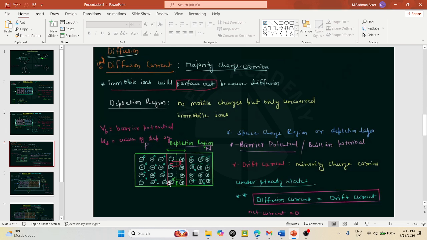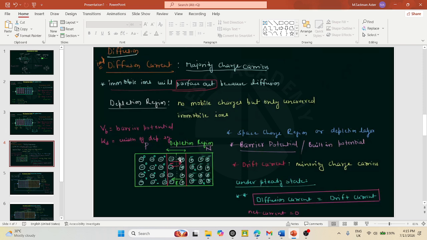If we further discuss this concept, at present the acceptor ions coexist with the holes on the p side, and on the n side the donor ions coexist with the electrons. So the charge neutrality is maintained, but due to the high concentration gradient, holes from the p side to the n side try to get recombined with electrons.